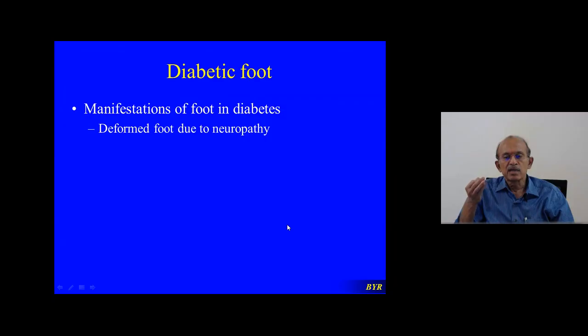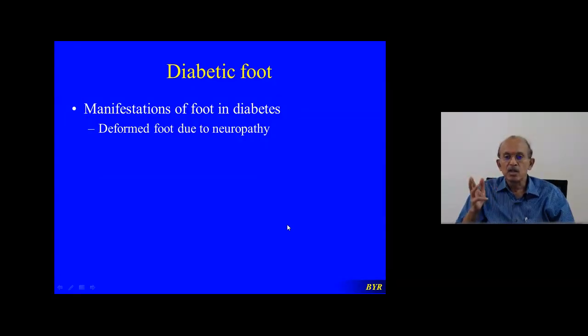What is the neurological manifestation? There will be neuropathy. The transmission of signals in the peripheral nerves decreases, probably associated with demyelination. Vascular changes: there will be arteriolar thickening, generalized arterial thickening, and diabetes enhances the atherosclerotic process.